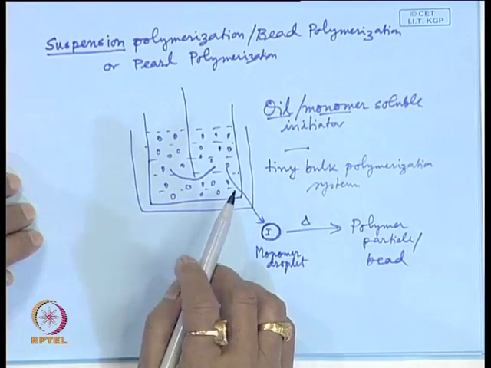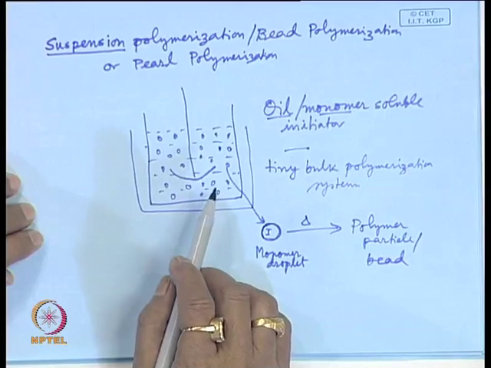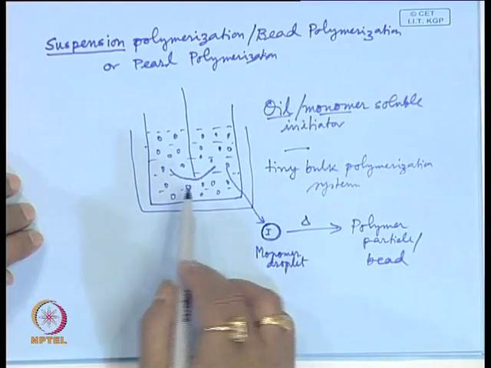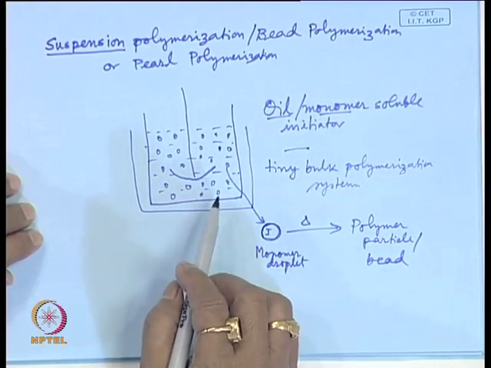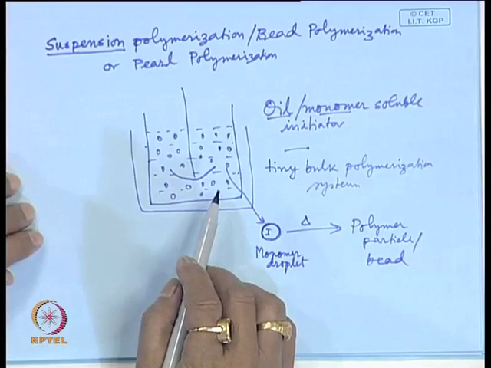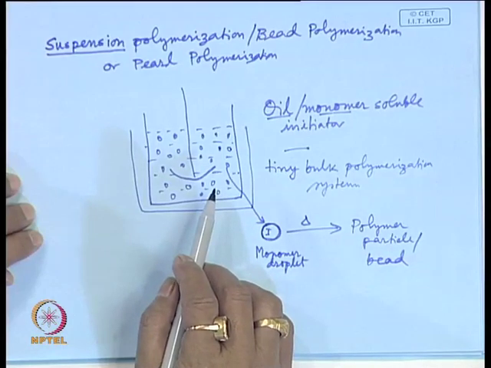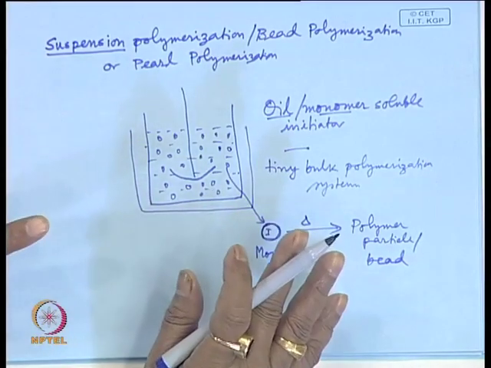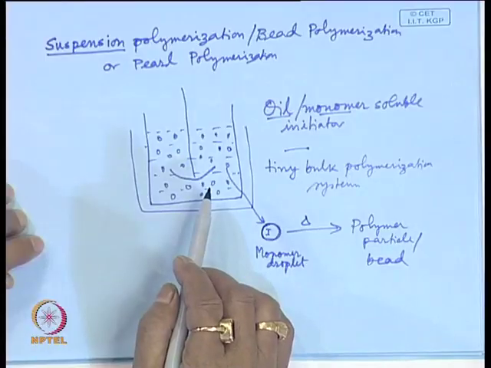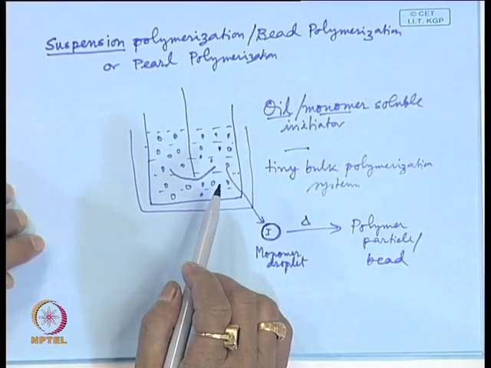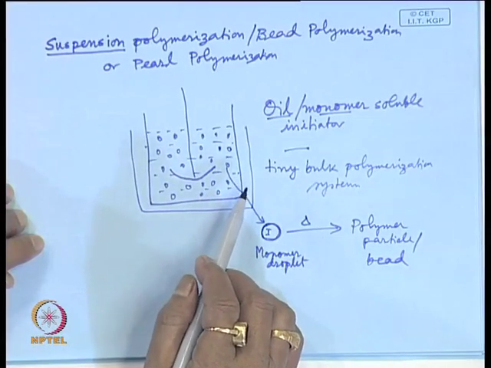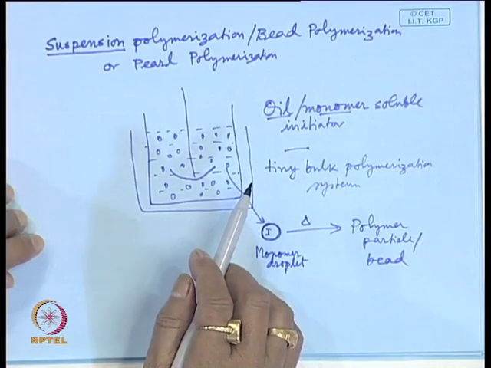So, the pure form of polymer may not be available directly. It is possible, but it has to pass through stringent purification steps so that the impurities are removed: the suspension stabilizers and other additives used during this polymerization. Those can be removed by purification, but that will incur higher cost.